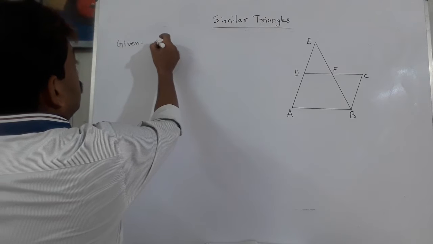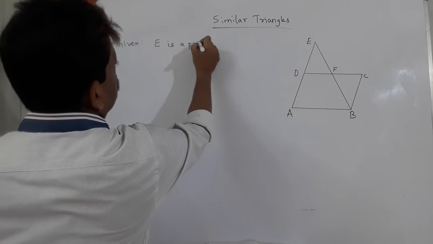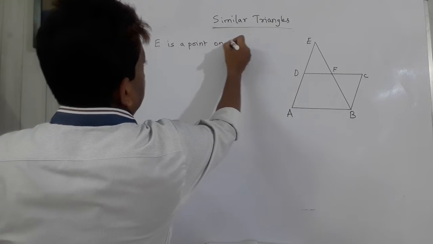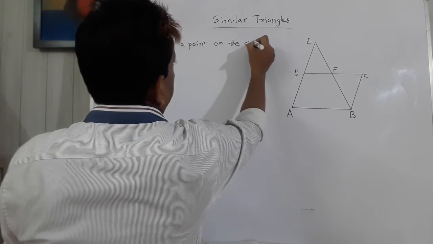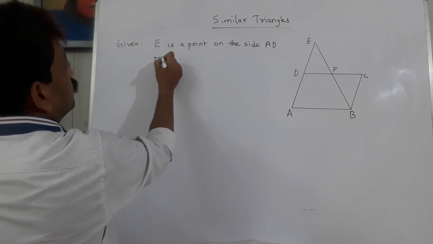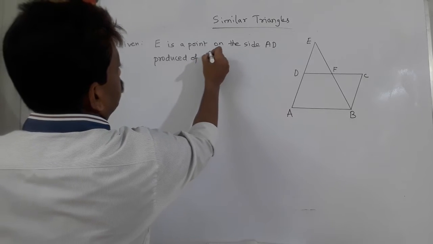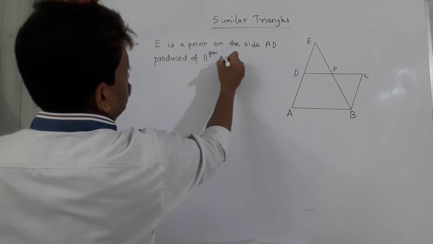So given, E is a point on the side AD produced of parallelogram ABCD.